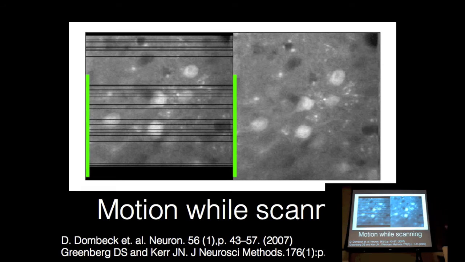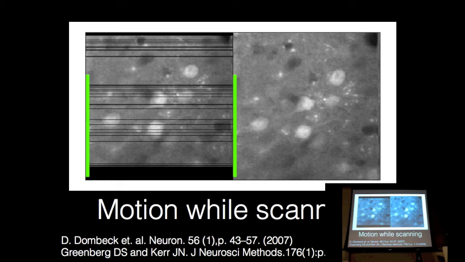Actually, the brain is moving relatively rigidly, but it moves a significant difference between the top and the middle of the frame. There are ways that you can deal with this. I spent a great deal of my PhD working on one, and you can read about it in this Neuron paper.